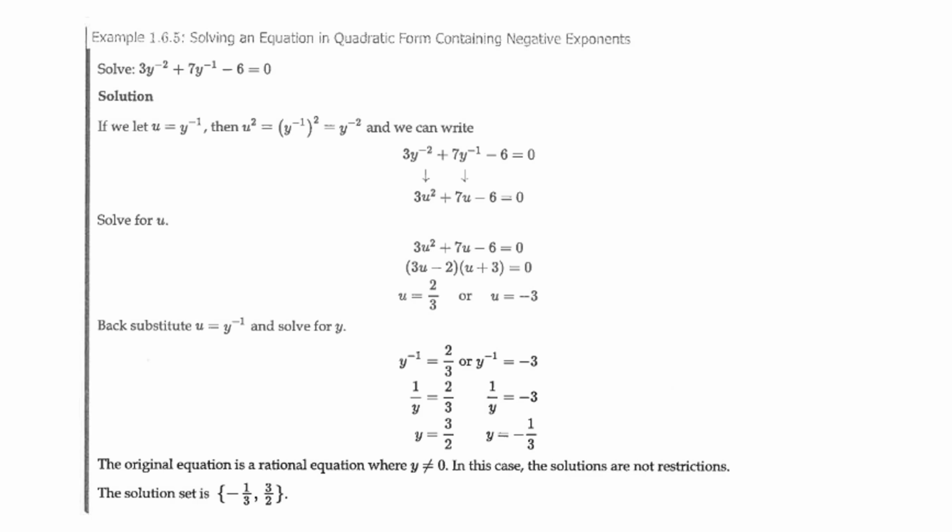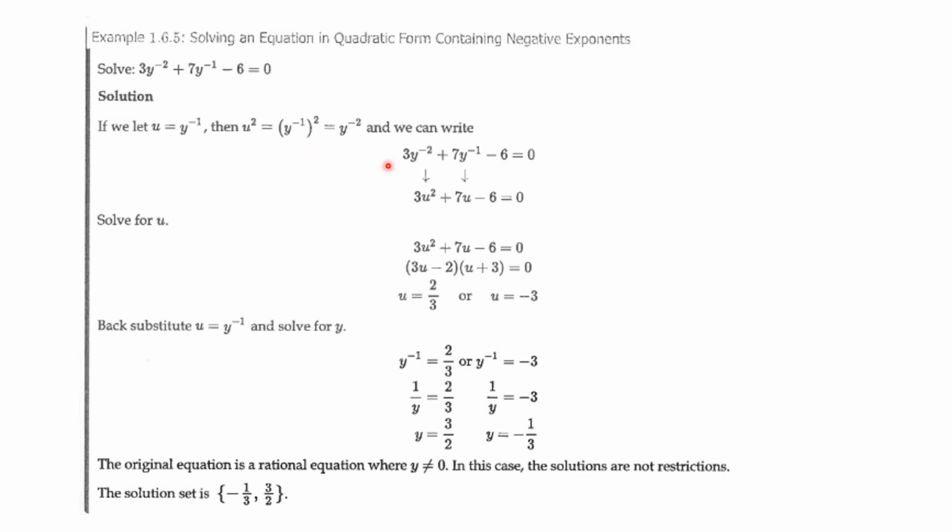Let's consider another example, solving 3y to the minus 2 plus 7y to the minus 1 minus 6 is equal to 0. Now here we're going to let u equal y to the minus 1. So u squared is going to be y to the minus 1 whole squared, or y to the minus 2.